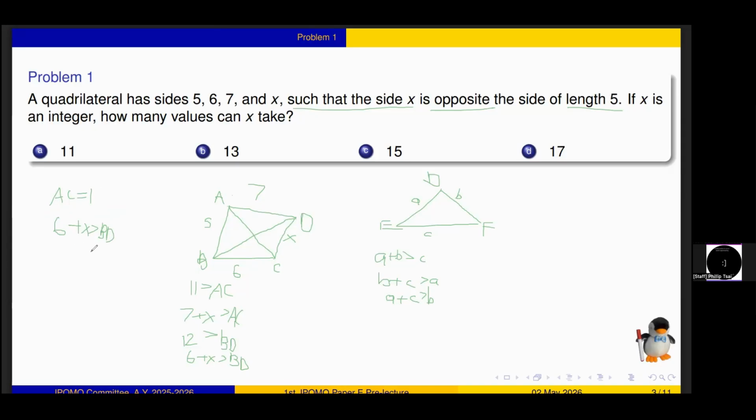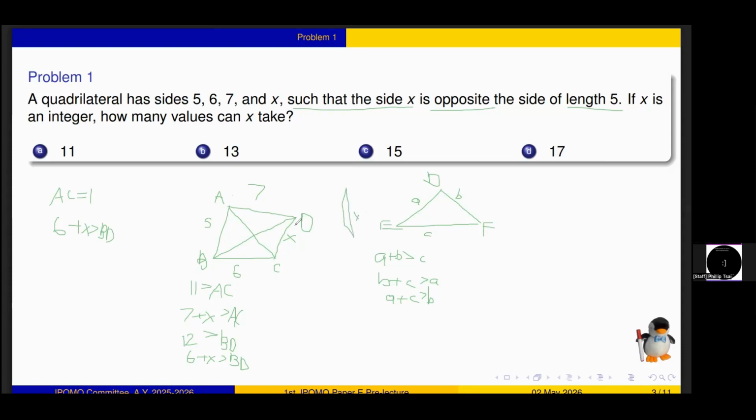Sorry, I also forgot to mention that the sum of these three legs must be greater than x, because you can think about it like you want to stretch the three legs as much as possible.